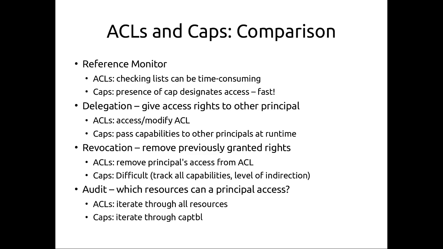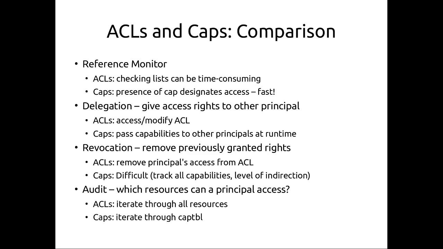You essentially need to go through this entire subtree and remove all of those capabilities from the corresponding capability tables. So you need to track all of these capabilities, you need to track all of the delegations, and they can be distributed across all of the capability tables in the system. This can be relatively complicated. So for revocation, ACLs do it much more gracefully than capabilities do.